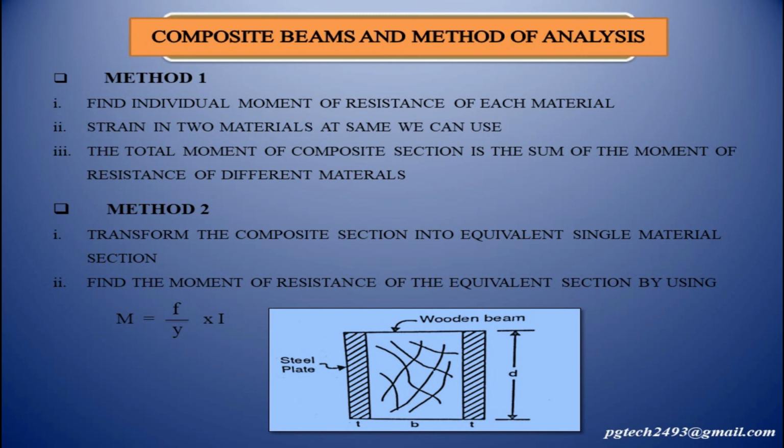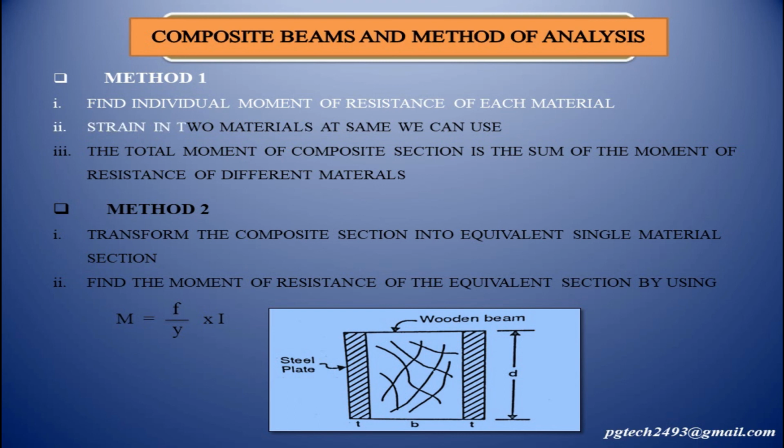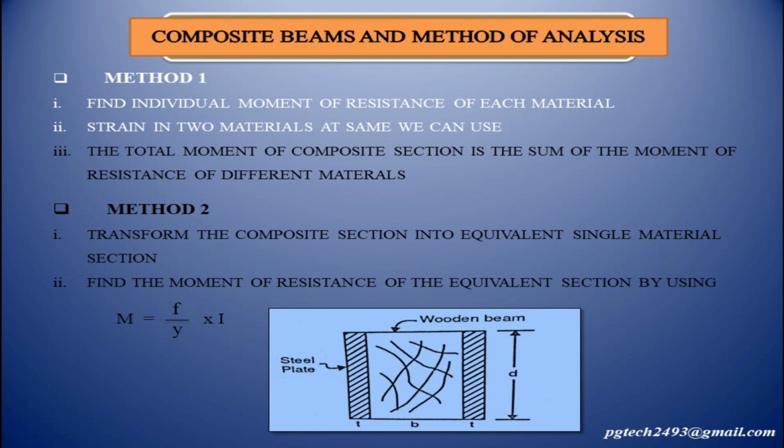There are two methods of analysis of composite beams. Method 1: first, find the individual moment of resistance of each material by using M = F by Y into I. Second, since strain in the two materials at the same level would be the same, we can therefore use F1 by E1 is equal to F2 by E2, where m is equal to E1 by E2, that is the modular ratio.